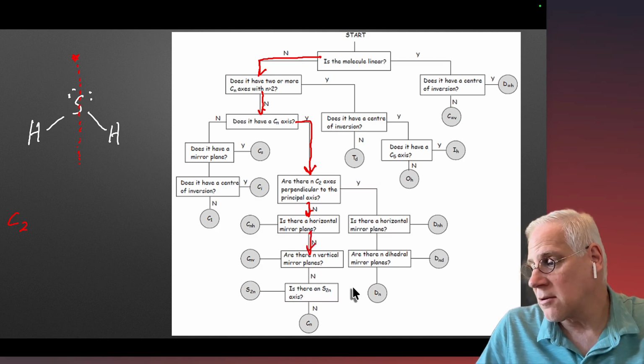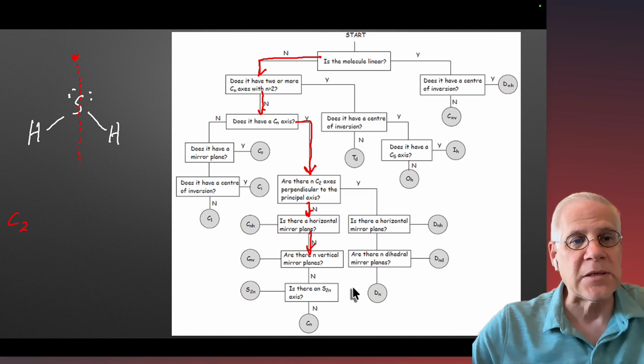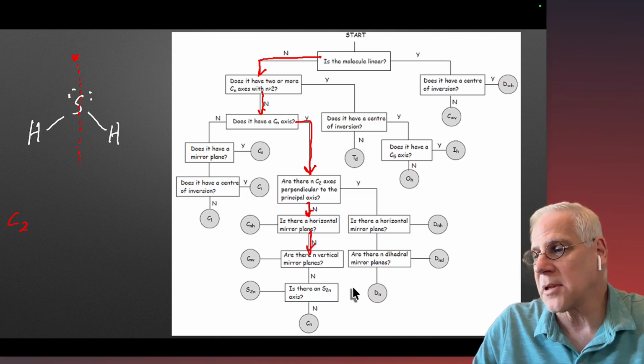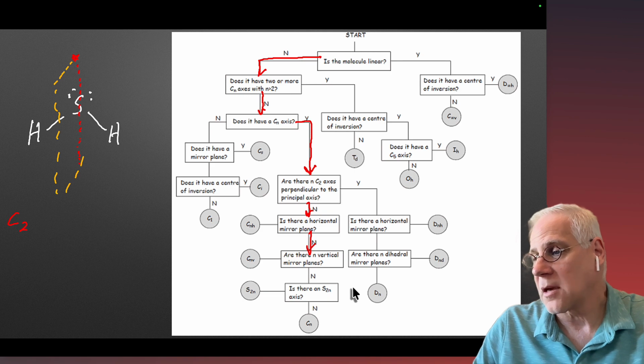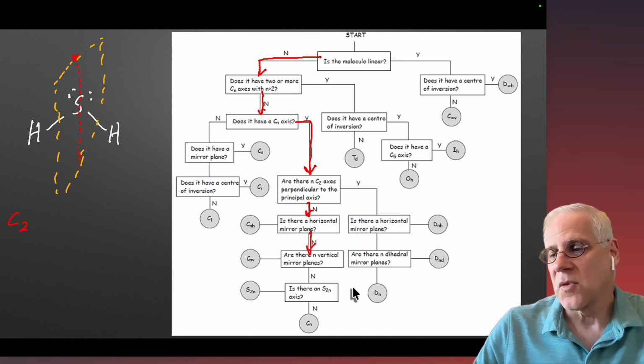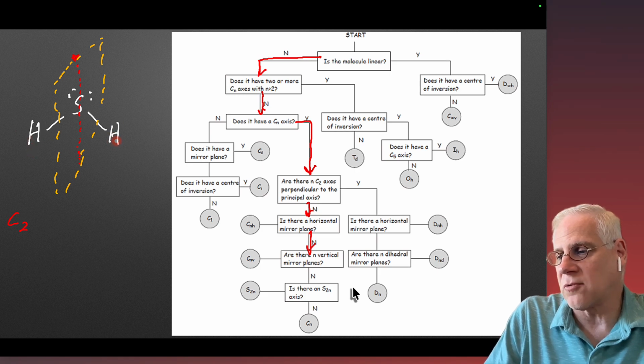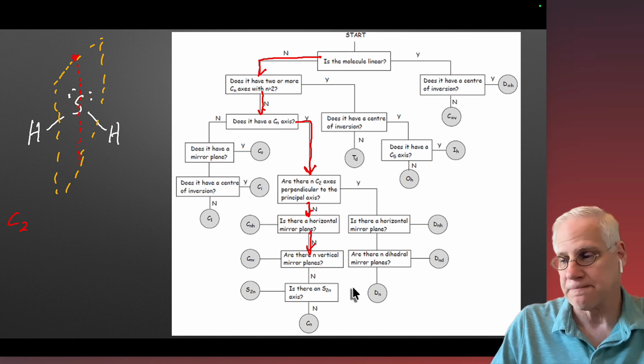Are there n vertical mirror planes? And here the answer is yes. Okay, because I have a mirror plane that can go here. And so what that basically does is reflect this hydrogen over to this one. It reflects this hydrogen over to this one, and it reflects this half of my sulfur atom to this half of the sulfur atom, and vice versa.